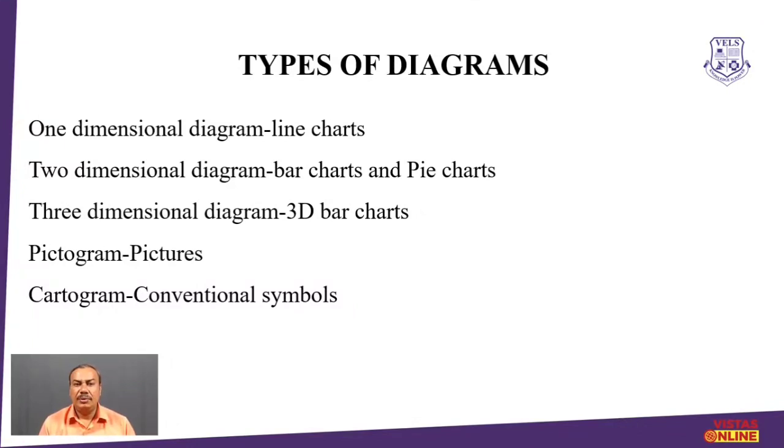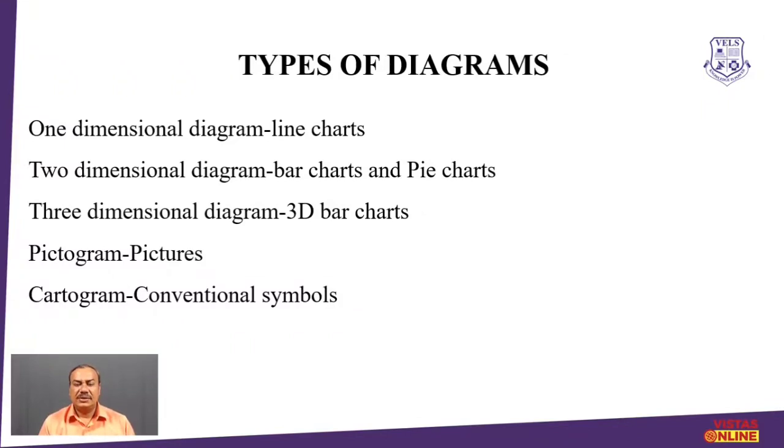Here we are going to discuss the different types of diagrammatic representations. Namely, there are 5 types of diagrammatic representations: one-dimensional diagram, two-dimensional diagram, three-dimensional diagram, pictogram and cartogram.